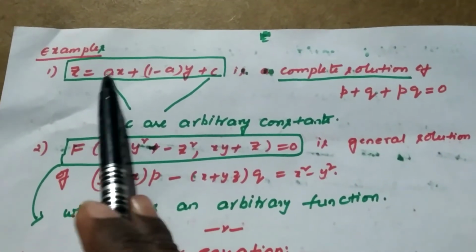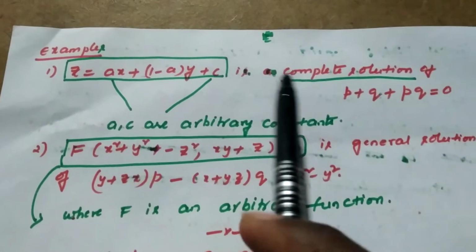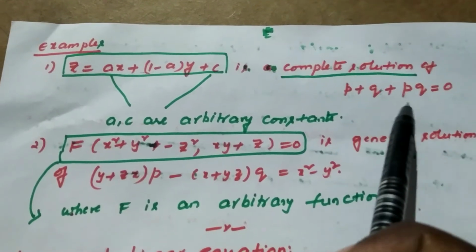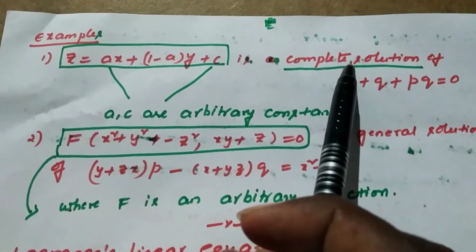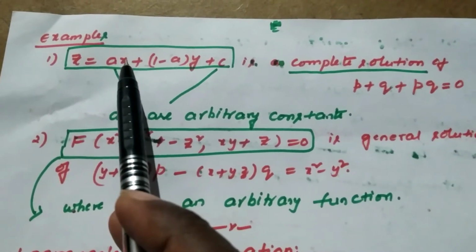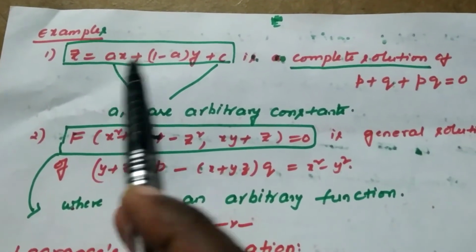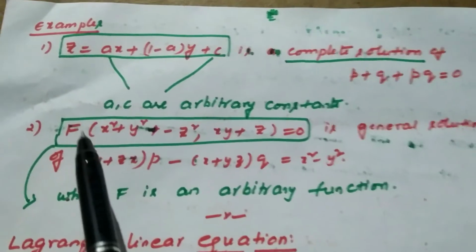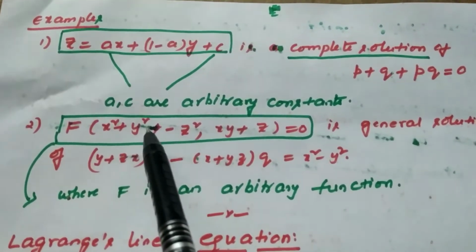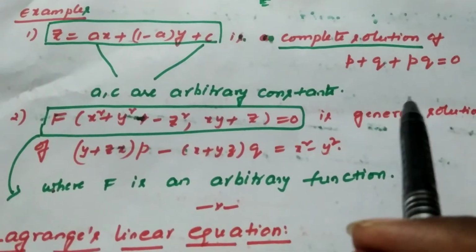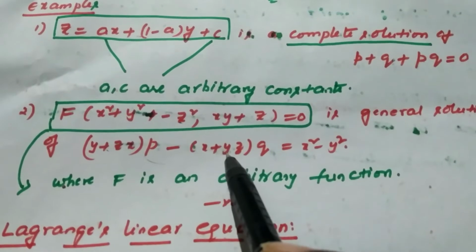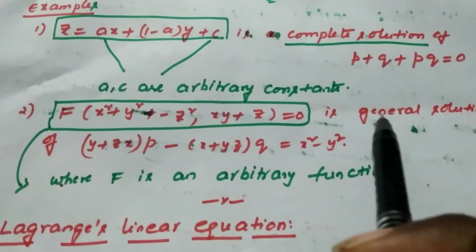First one, z equal to ax plus 1 minus a into y plus c is the solution of p plus q equal to 0. This solution is called the complete solution. Why? Because the solution of the PDE contains the arbitrary constants a, c. In the example 2, f of x square plus y square minus z square, x plus y plus z equal to 0 is the solution of the given PDE, but this solution is called the general solution.